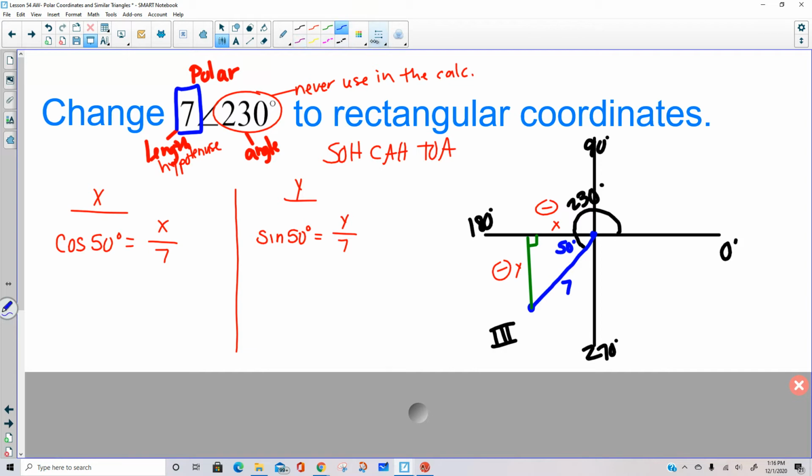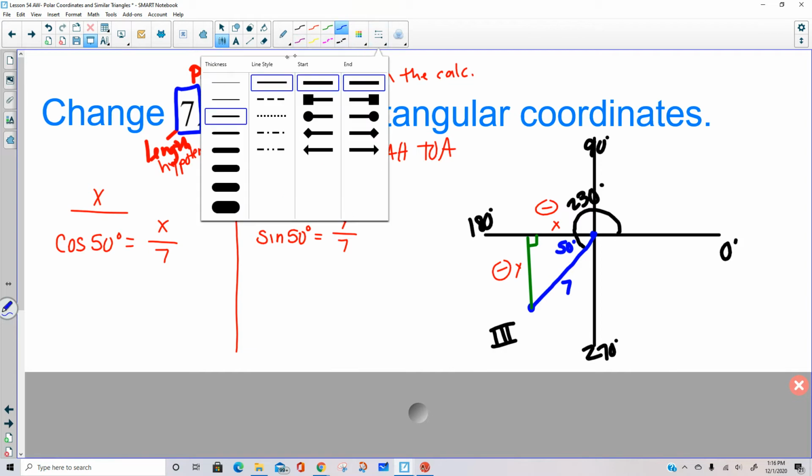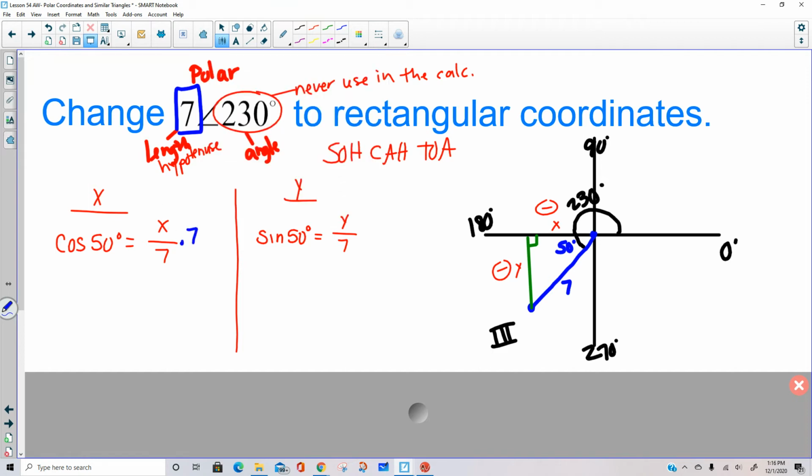Okay, now we can solve by multiplying 7 to each side. We do the same thing for y. And we put 7 cosine 50 in the calculator. We put 7 sine of 50 in the calculator.